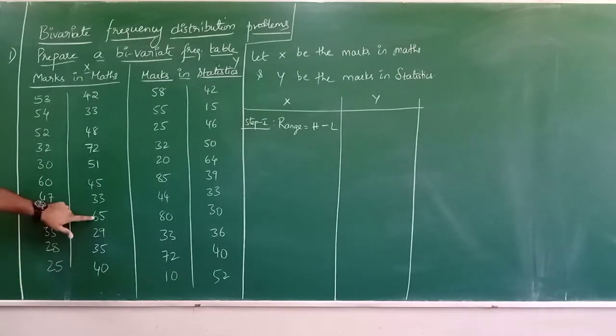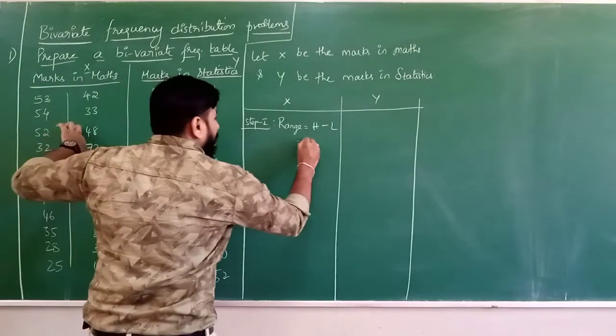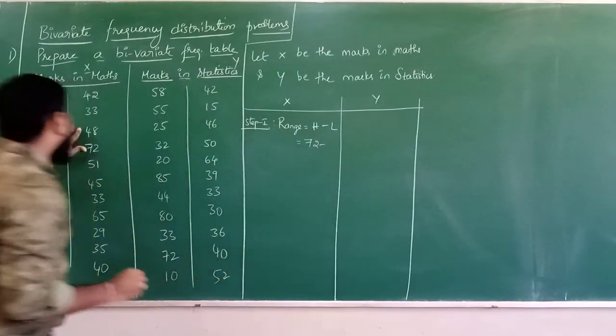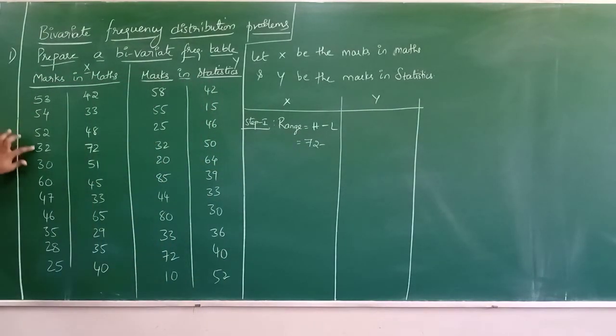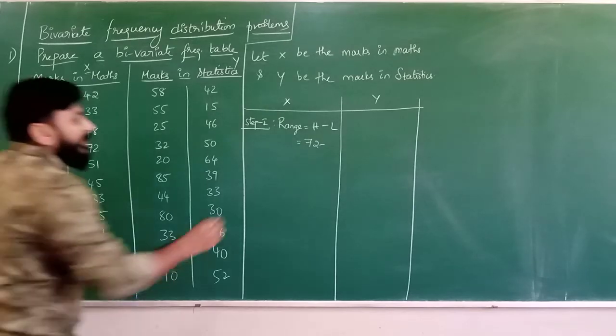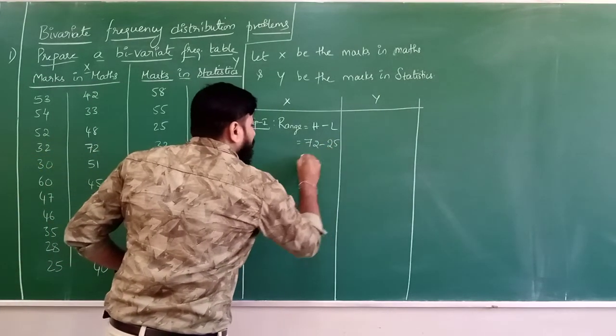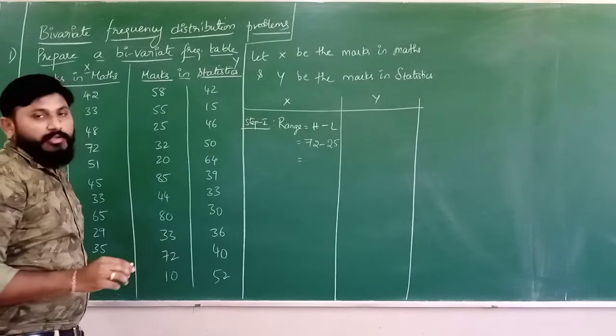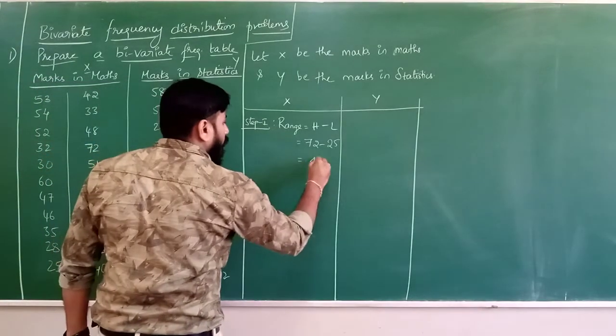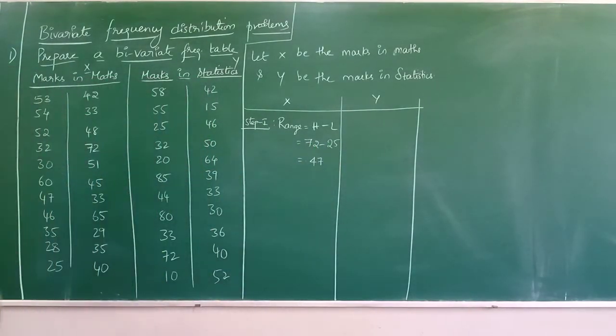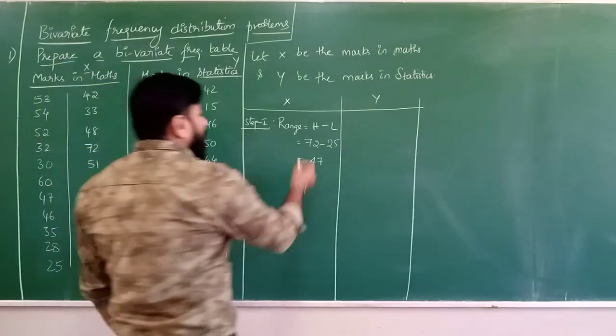According to me, the highest value is 72. Minus the lowest value, which is 25. So 72 minus 25 is 47. The range for the x variable is 47.